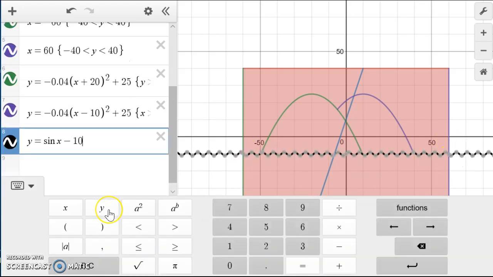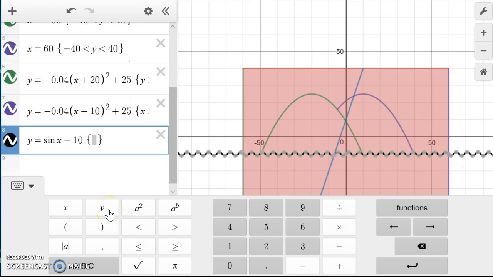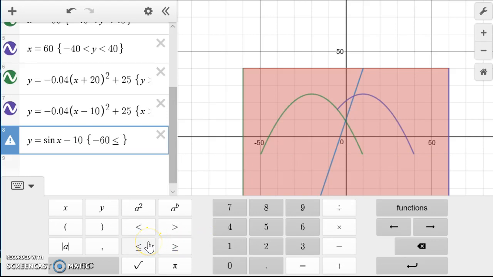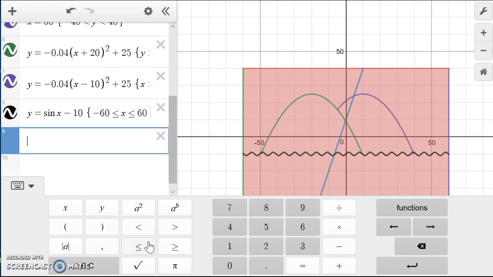So in order to add the constraint, we put a minimum value of negative 60 for x, and a maximum value of 60, and there you go. I drew the waves below the mountain.